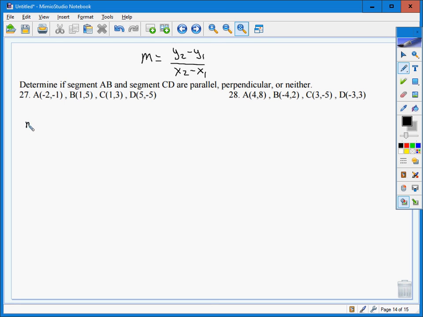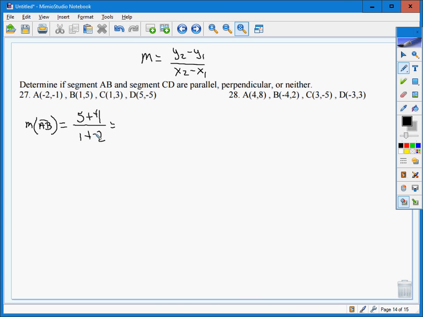So the first thing I'm going to do is find the slope of AB. y2, 5, minus y1, -1, over x2, 1, minus x1, -2.